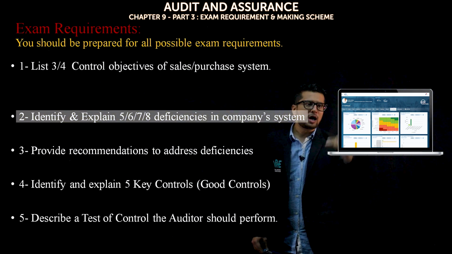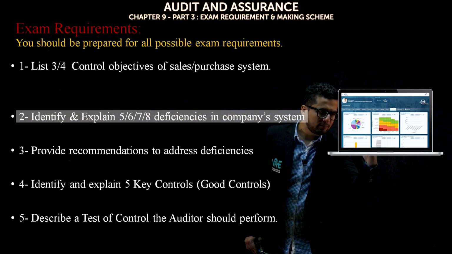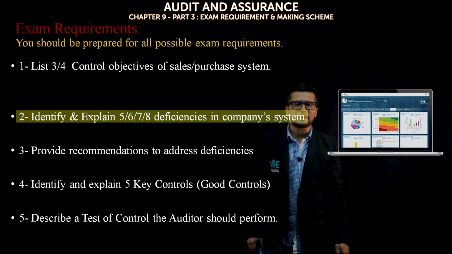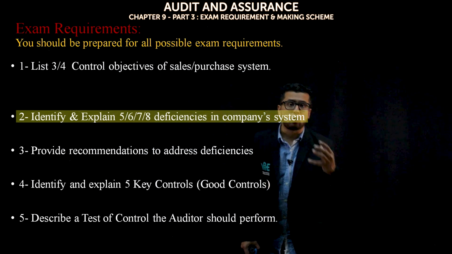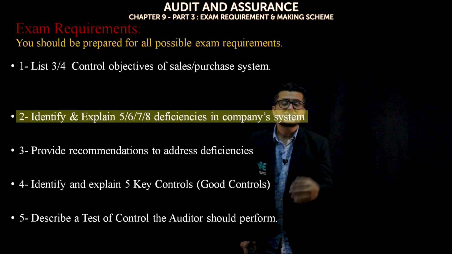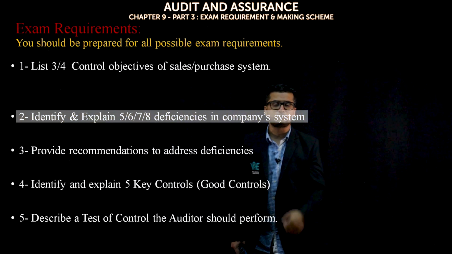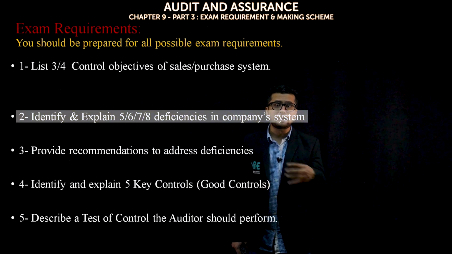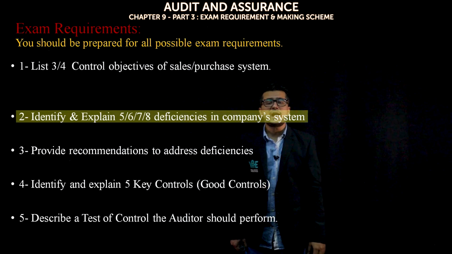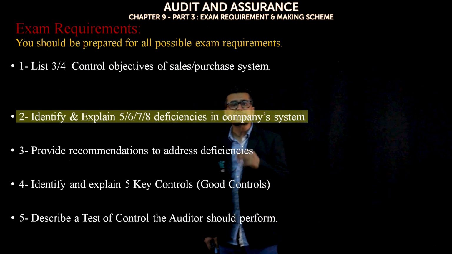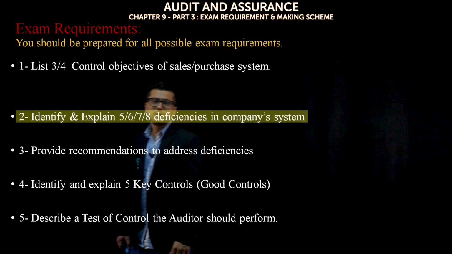You as a student are going to read that particular system. Once you read it, you will realize that there are certain loopholes, certain flaws, certain deficiencies in the system. Once you identify them, as a student, you got to explain those deficiencies.